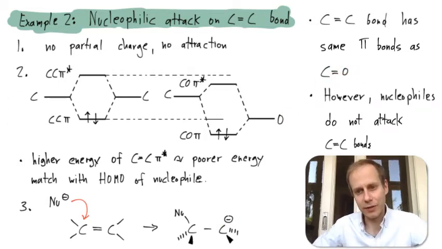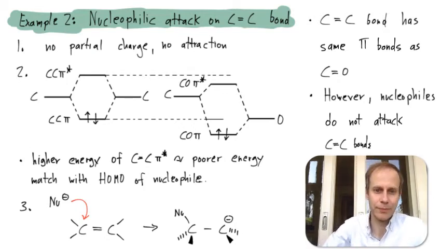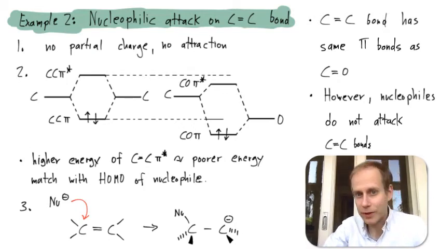So that is more energetically favorable, but for the CC there's no meaning in having a negative charge on one of the two carbons. So these are the three reasons why nucleophilic attacks do usually not take place on CC double bonds.